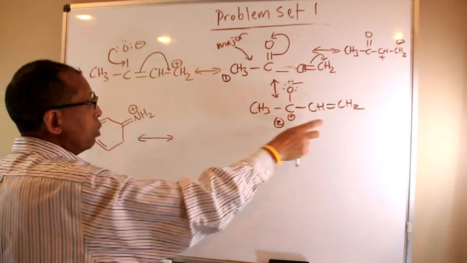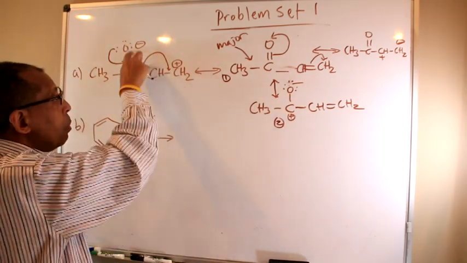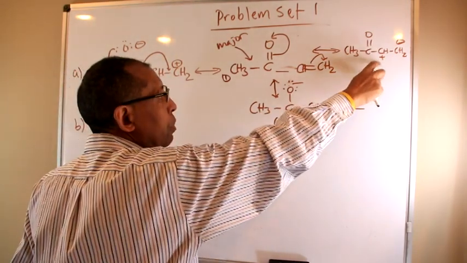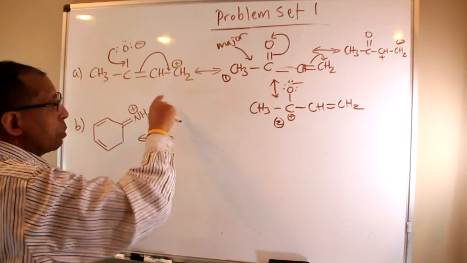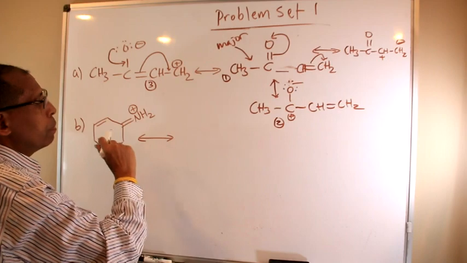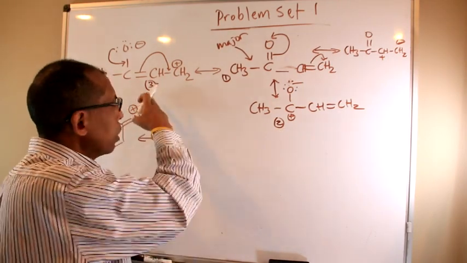But the only difference between these two is the two charges are highly separated here. But here also, the next I would say would be 3, this one: second major, third major.